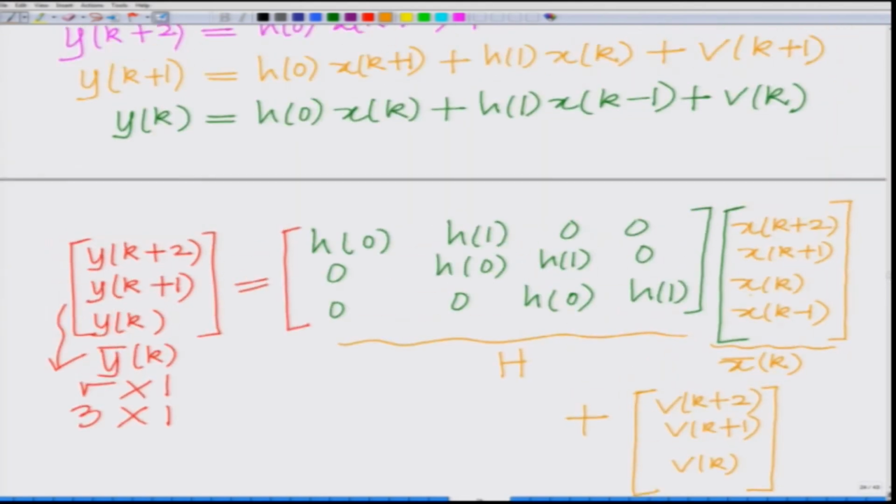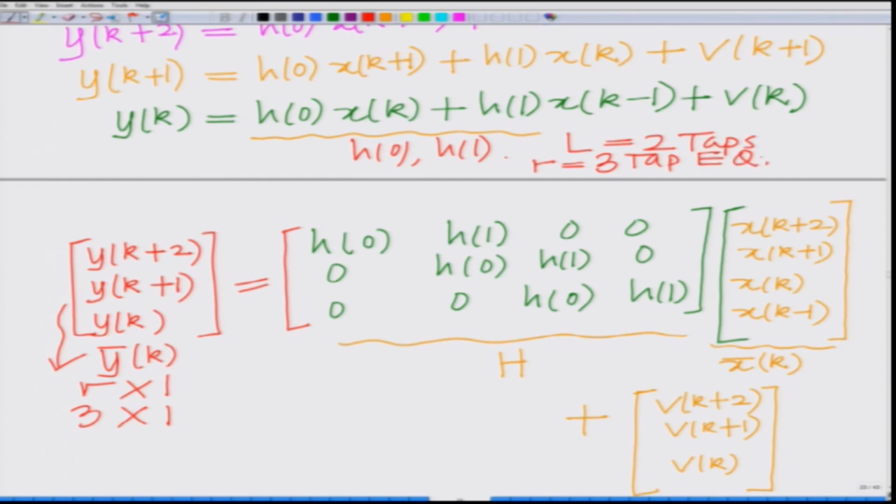So, basically what you can observe is here we are considering an L equal to 2 tap channel, because we have h0 comma h1 as the channel taps. So, we have L equal to 2 taps, R equal to 3 tap equalizer. So, this y bar k is basically a 3 cross 1.